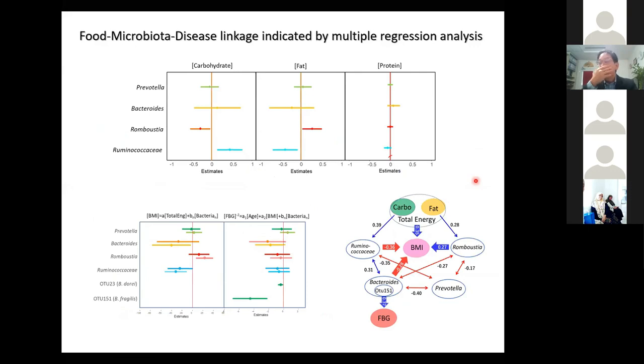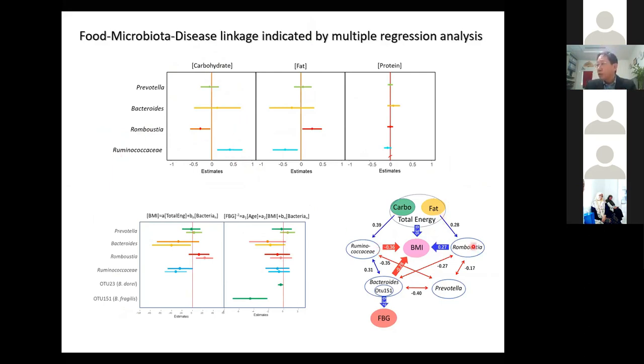And we also analyzed the correlation between the food and microbiome. And finally, we found a positive correlation of fat with Lachnospira, and also a positive correlation of carbohydrate with Ruminococcus. Okay.